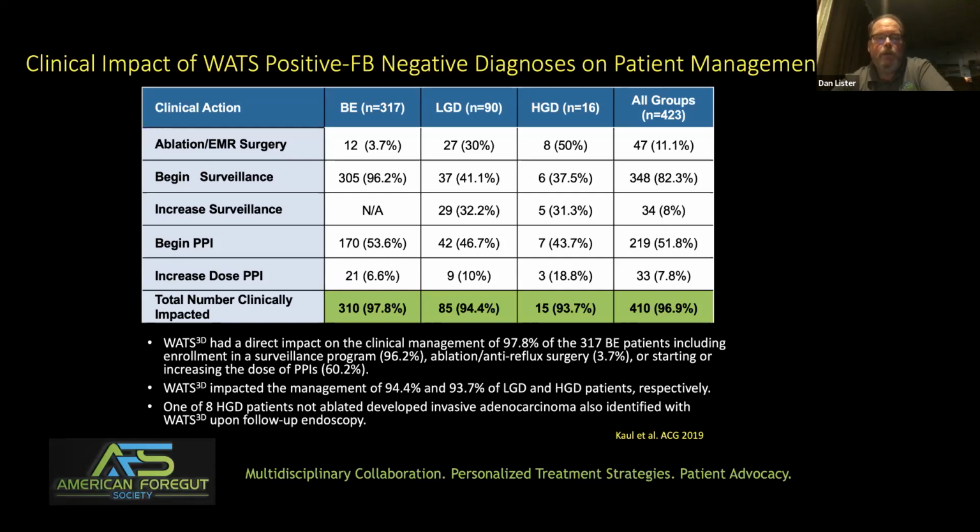And you can see in patients with Barrett's, low-grade dysplasia, high-grade dysplasia, in all groups, a significant change in their patient management based on the Watts biopsy. So it really impacted these patients in a very important way to keep them from getting cancer, hopefully.